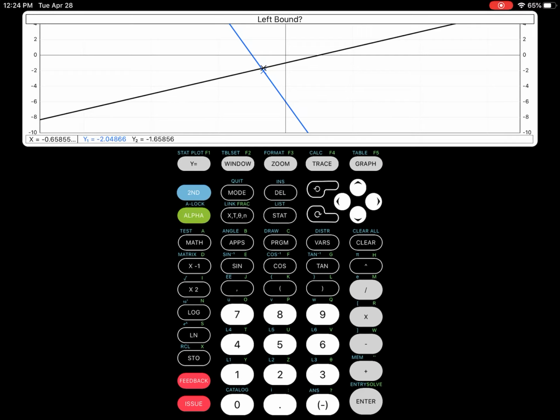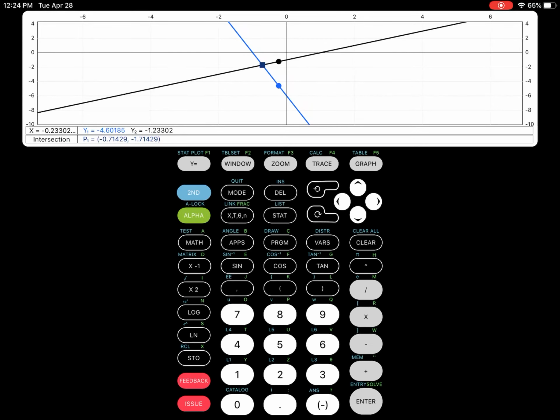Our intersection point. Now notice at the top of the screen it says left bound. You're going to hit the left arrow key until the black X is on the left side of the intersection and hit enter once. Now if you notice at the top of the screen it asks for right bound. Move to the right, and anywhere on the right of where the two lines cross is okay, and hit enter.